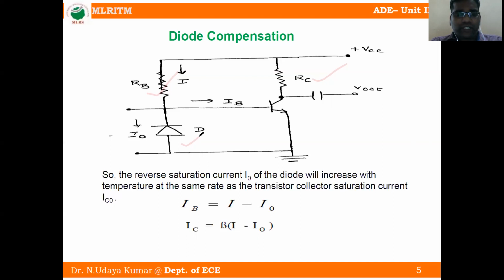Now we will see what happens when the temperature increases and how we compensate IC naught, VBE or beta. Remember, the transistor and the diode are from the same manufacturing unit, that is, the same material.